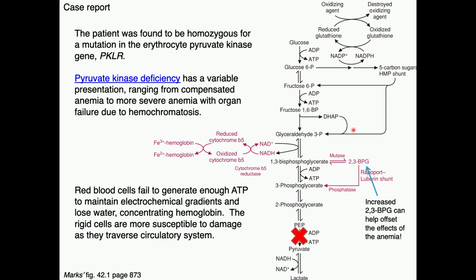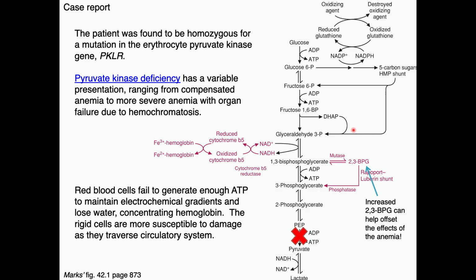Now, the clinical presentation is variable depending on how much of the activity of the pyruvate kinase is there, and that's going to be dependent on which particular mutation you have. So you can have just an asymptomatic compensated anemia or a more severe condition, as was shown by our child.